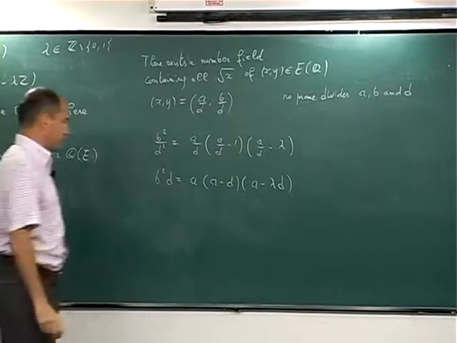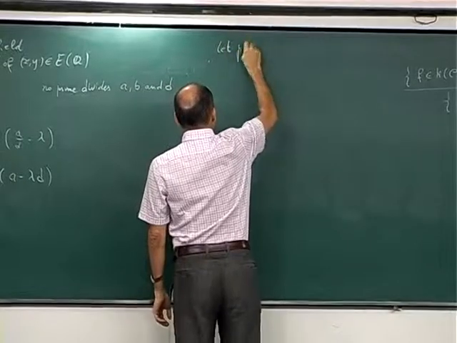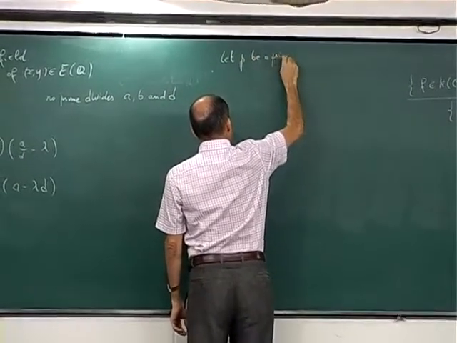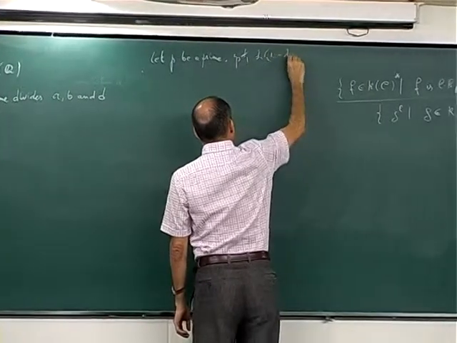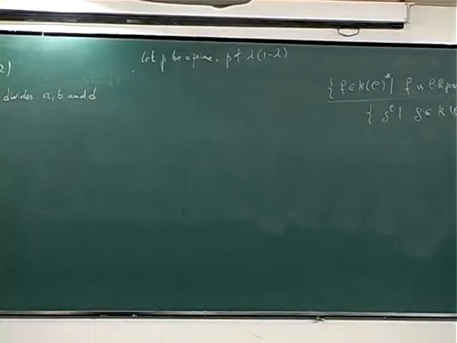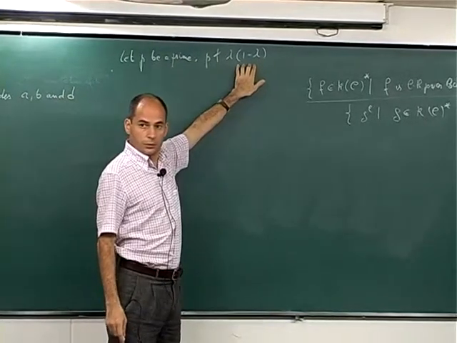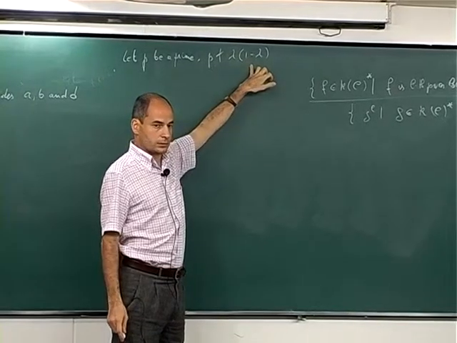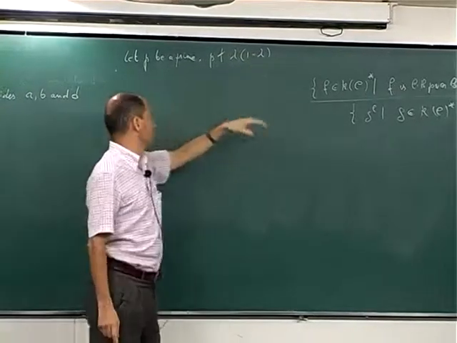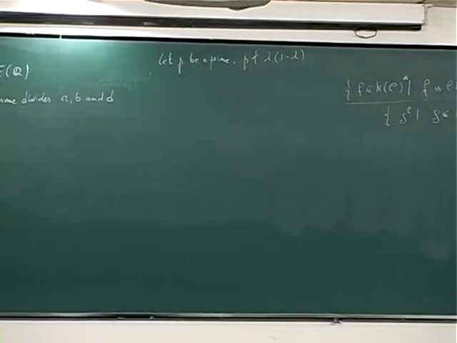Now, take a prime P. Let P be a prime not dividing lambda multiplied by 1 minus lambda. Note that lambda is different from 0 and 1, so that this number is non-zero. So there exist only finitely many primes dividing the product. So what I'm going to say holds for all but finitely many primes.